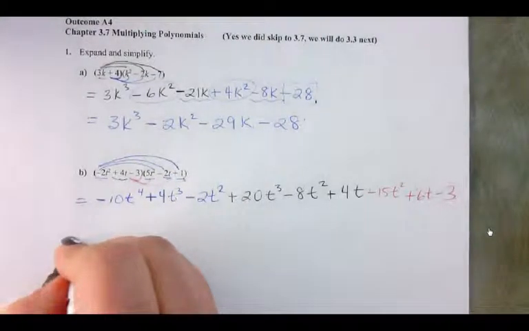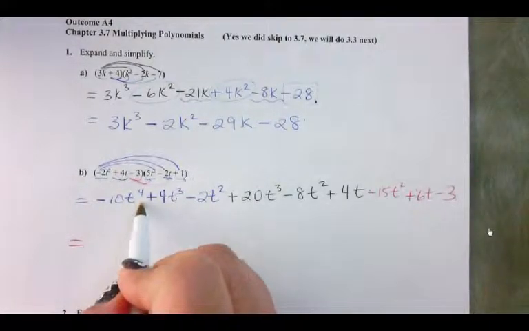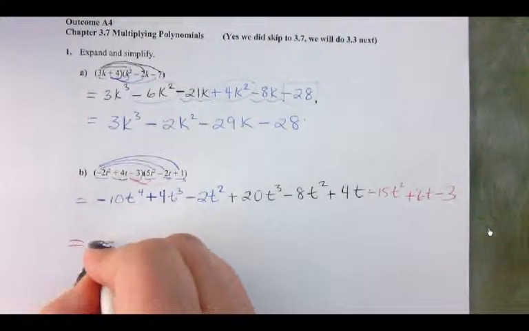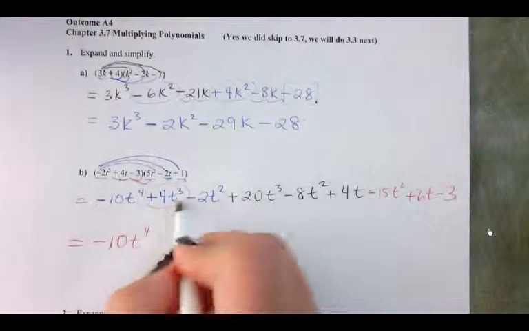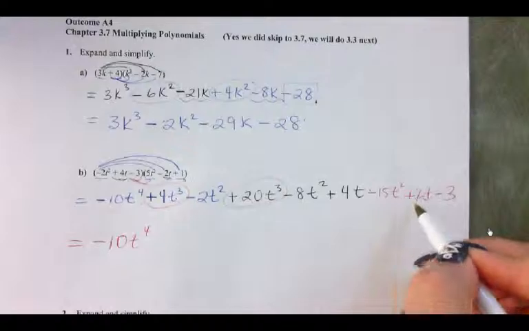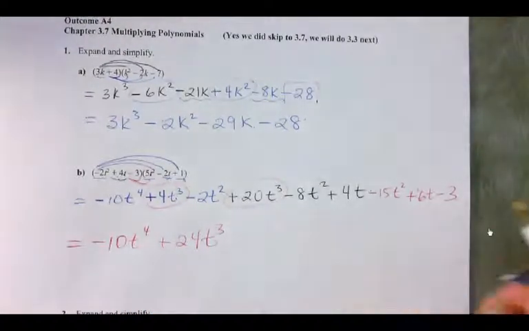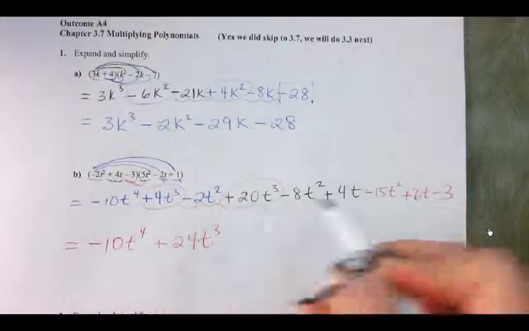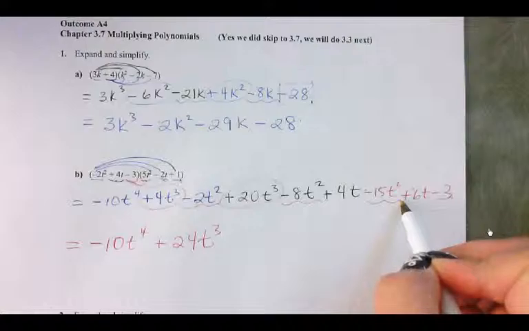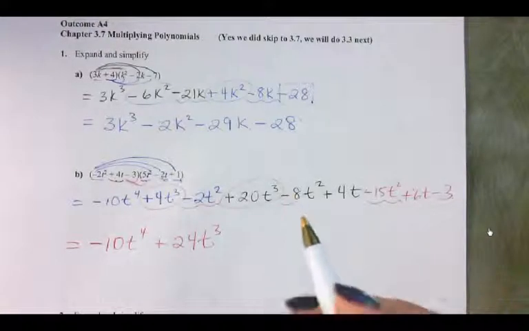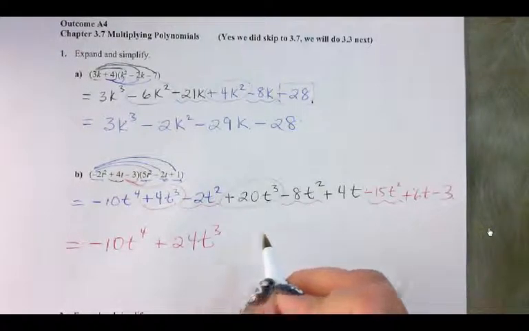Collect all your terms, so that's the t to the power 4. And then I need all my t cubes. Okay, and then all my t squareds. How many t squareds do I have?